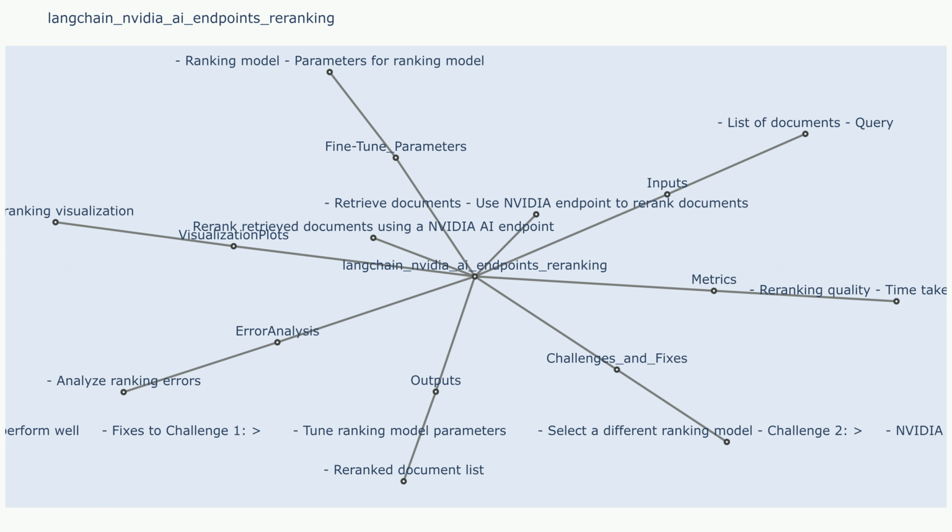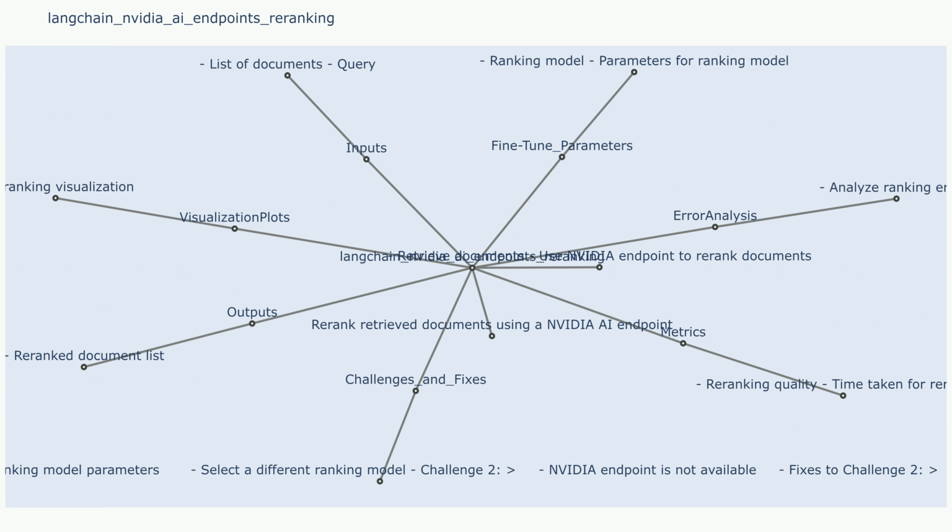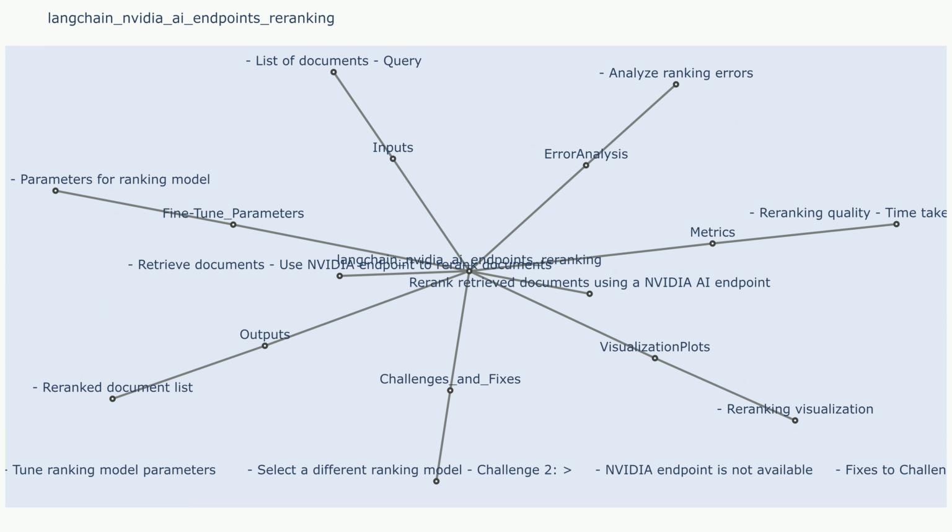Visualization plots. Precision recall curve plots the precision of the re-ranking model against the recall, showing its ability to retrieve relevant results while minimizing irrelevant ones. Ranking distribution visualizes the distribution of results in the initial and re-ranked lists, highlighting the impact of re-ranking on the overall ranking quality.